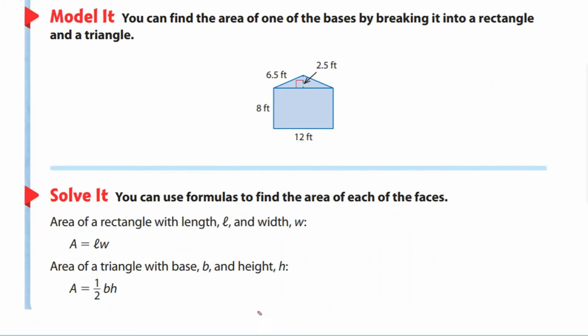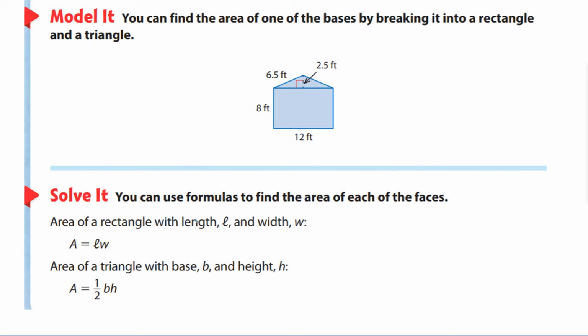Okay? Let's model it. You can find the area of one of the bases by breaking it into a rectangle and a triangle, right? Pentagon. So they broke it down for you. So now you should have the base times the height. Don't let this number confuse you. All right? The base times the height. Solve it. You can use formulas to find the area of each of the faces.